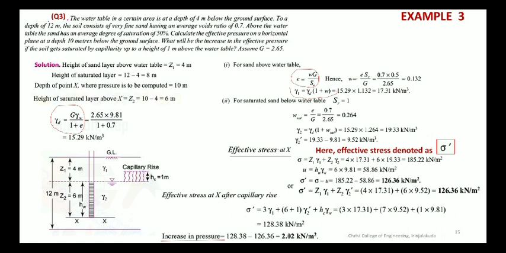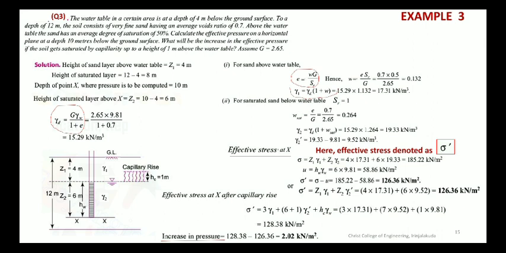Now you consider the sand above water table. So in the question it says that above the water table the sand has an average degree of saturation 50%. And below the water table, what happens? What about the saturation? It will be fully saturated, isn't it? So we have to find out the gamma value.